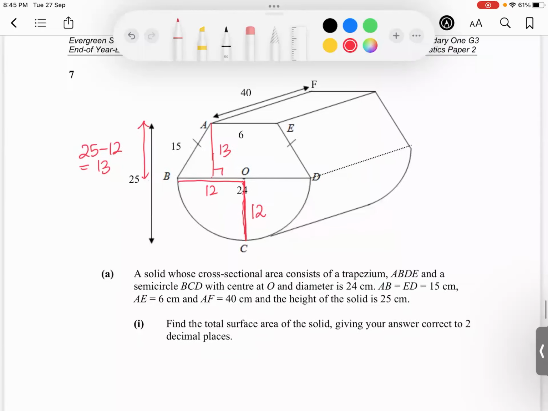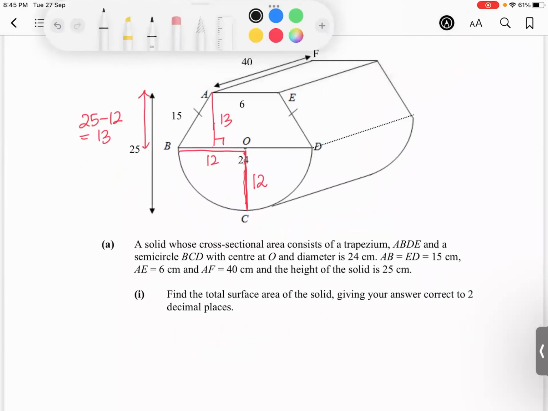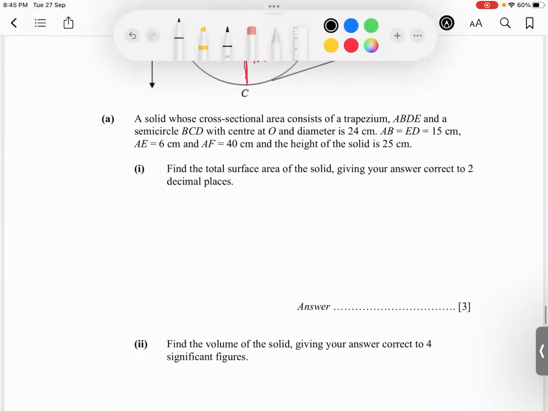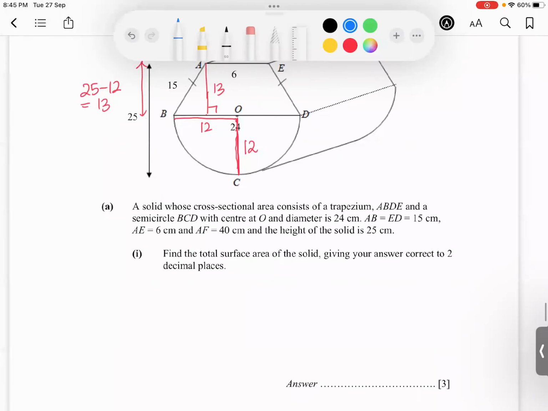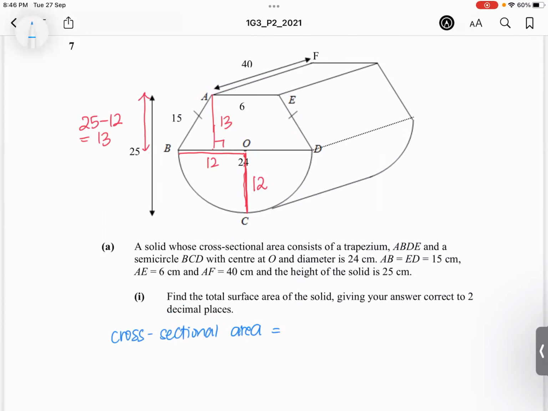All right, so to find the total surface area for this question, let us work out very quickly the uniform cross-sectional area first. The cross-sectional area is made up of the trapezium. What are the 2 parallel sides? 6 and 24.